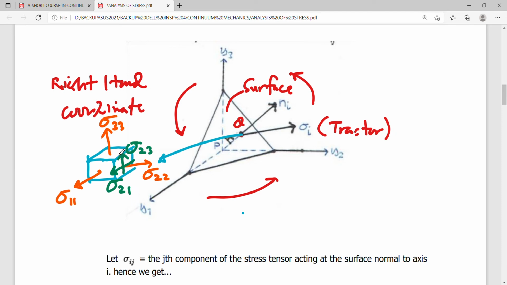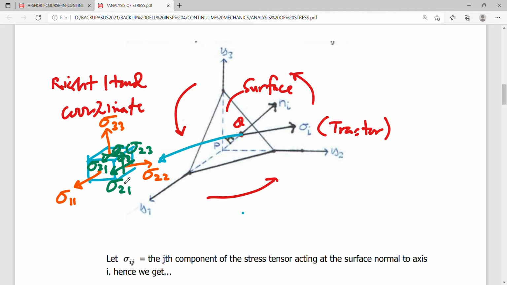Okay, so this is now a face 3. So this is now your sigma on face 3 directed on axis 1. And you have also here a sigma on face 3 directed on axis 2.